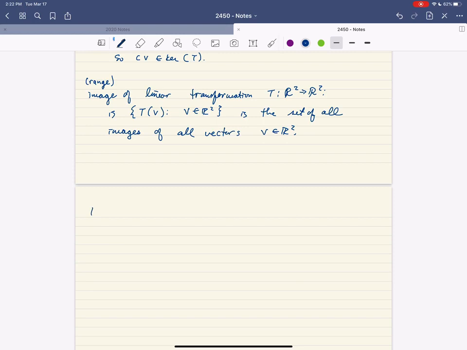So it's the set of images of all the vectors V in R2. As an example, if T were the map taking x, y to 4x plus 3y, 4x plus y, and 3x plus y, so that's our linear transformation.